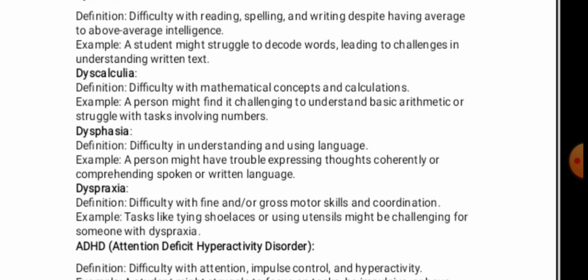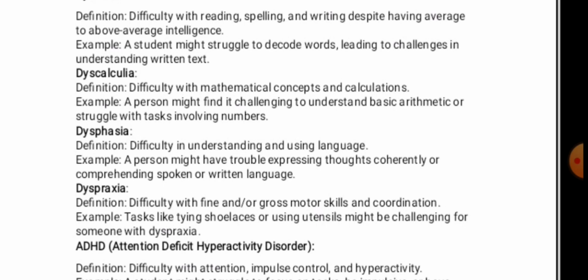See, dyslexia is a very important condition which you as teachers should know, because in our classrooms we have students who have dyslexia, which means they have problems in spelling, reading, writing, and comprehending what the teacher is trying to say.